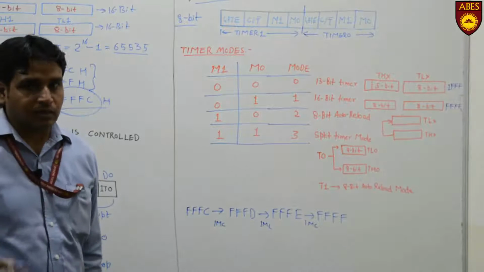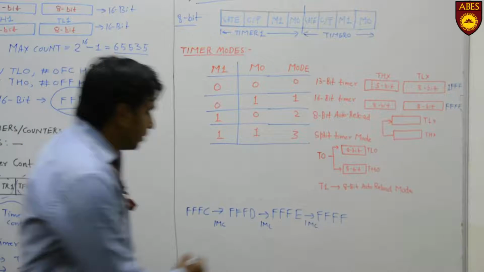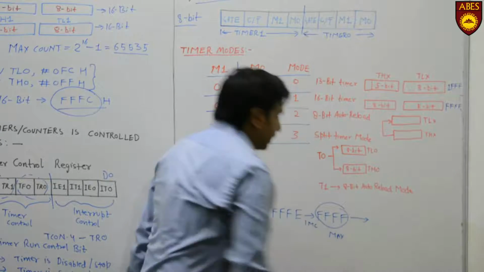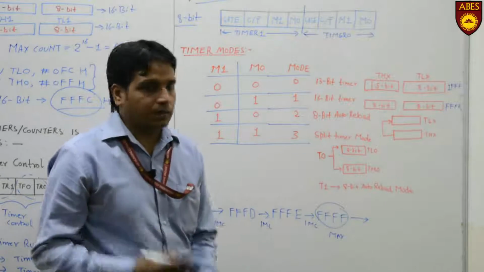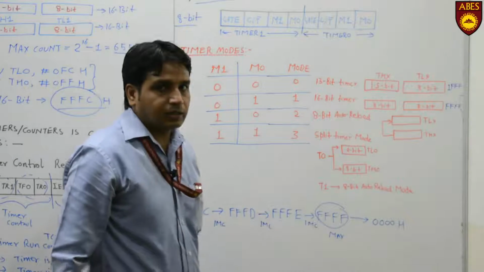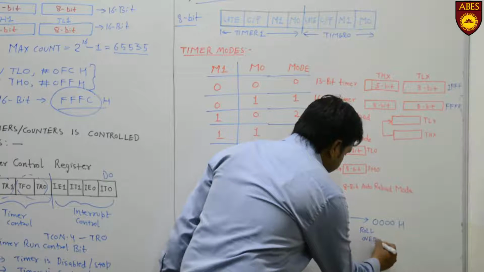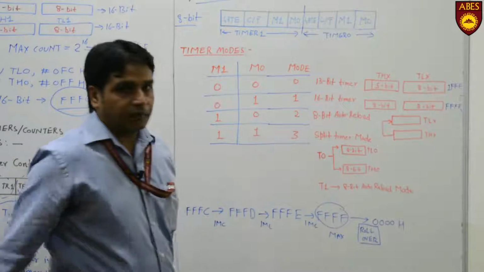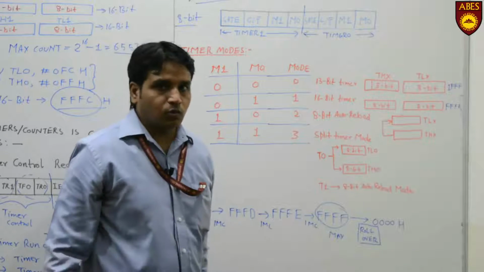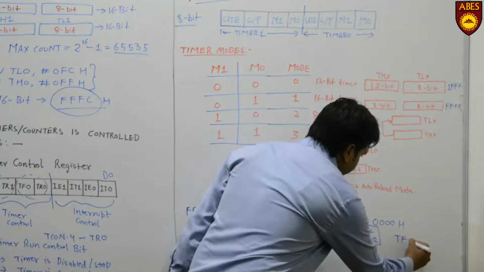And when it reaches its maximum value, which in the case of 16-bit is FFFF, after that the timer rolls over to the initial value, that is 0000H. This condition is called the rollover condition, and to indicate this condition, the value of TF becomes 1.